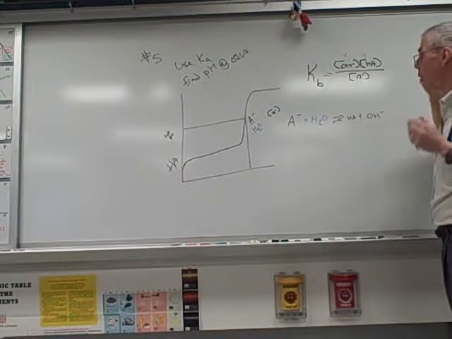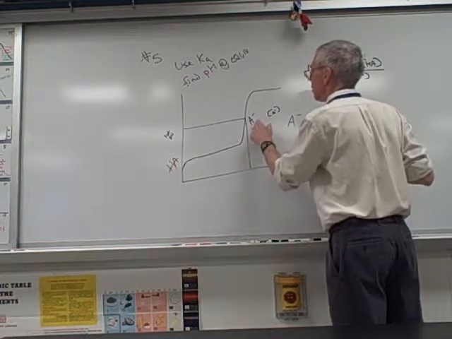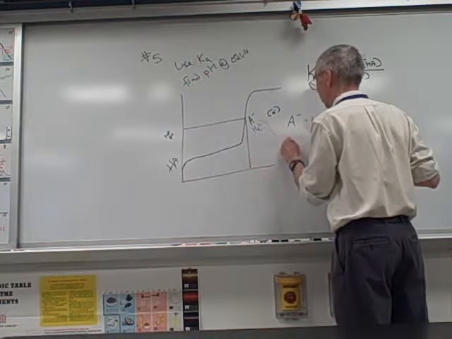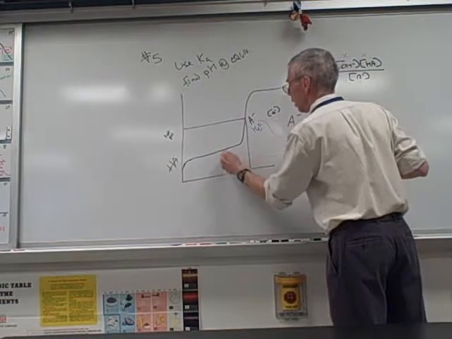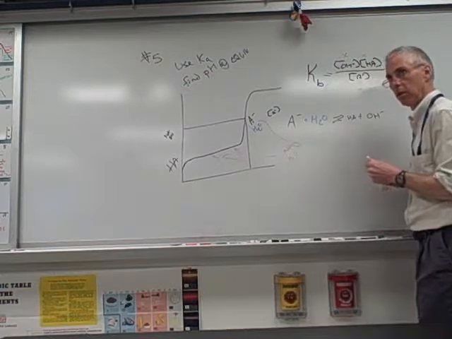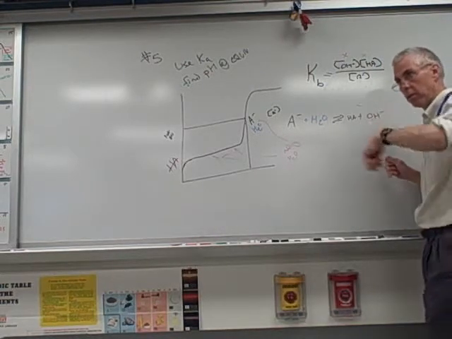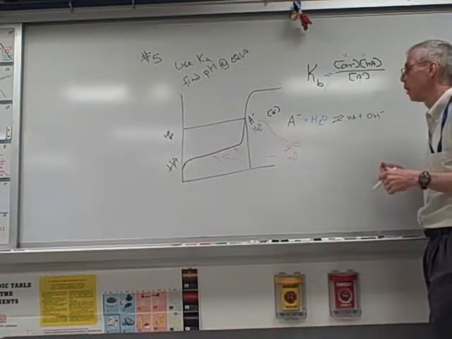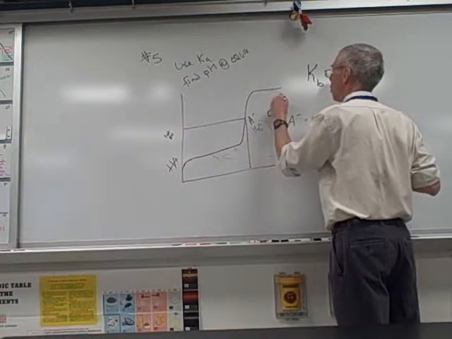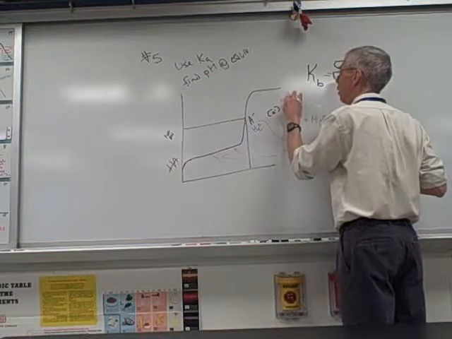Okay. The only problem with this is this. You're adding water here. All through here and here and here, you're adding water. True? You're pouring in solution, you're pouring some water to rinse it, you're using a lot of water. All right? So you can know the moles of A- pretty well.